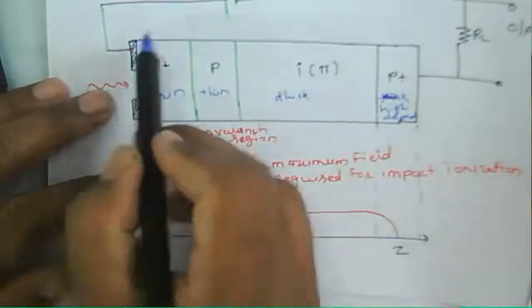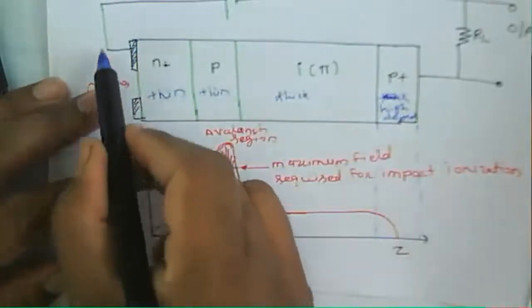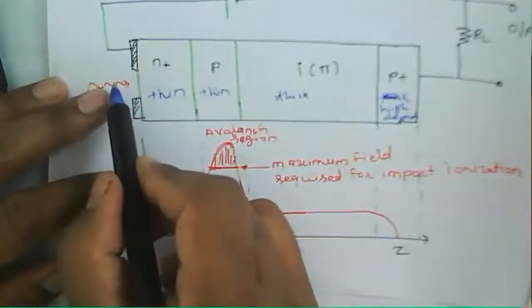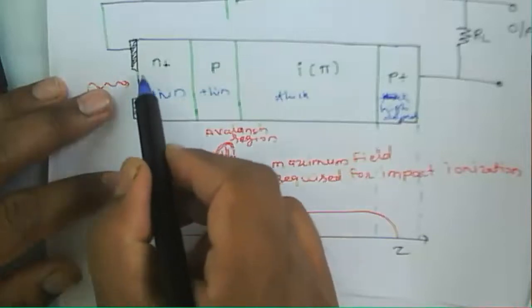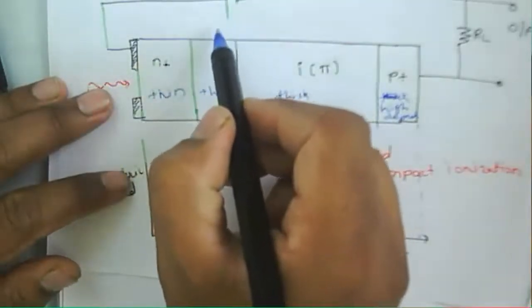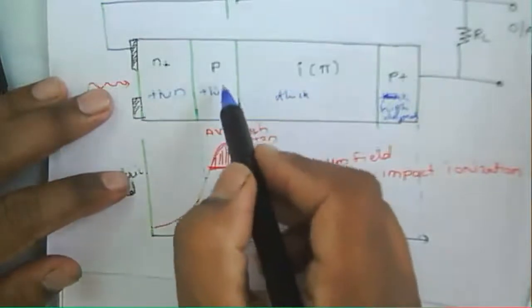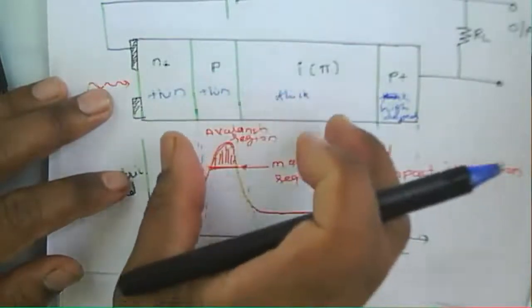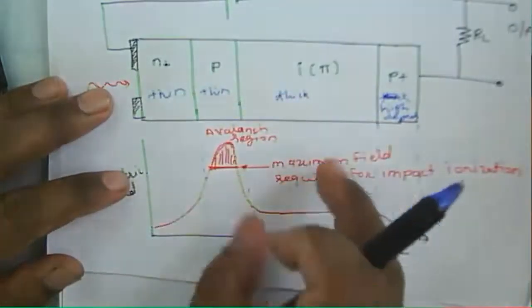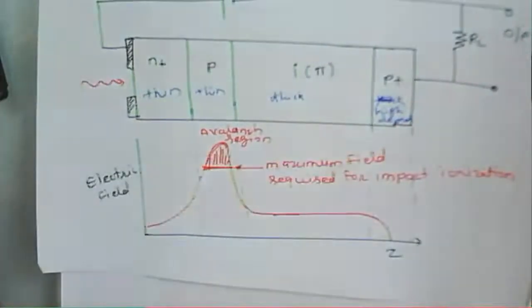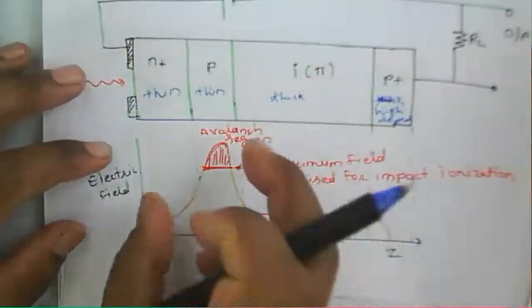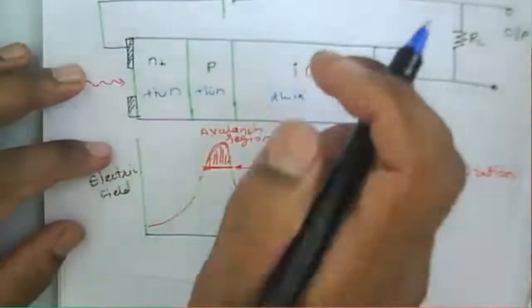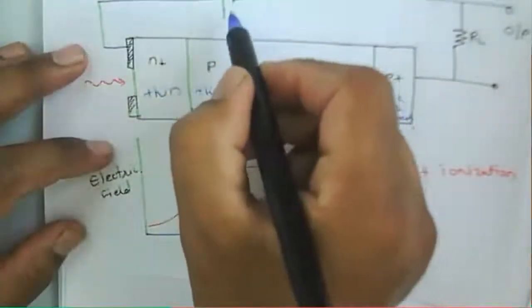And this diode will work when we apply the reverse bias voltage. When we increase the reverse bias voltage, the field will increase, because we are increasing the reverse bias.